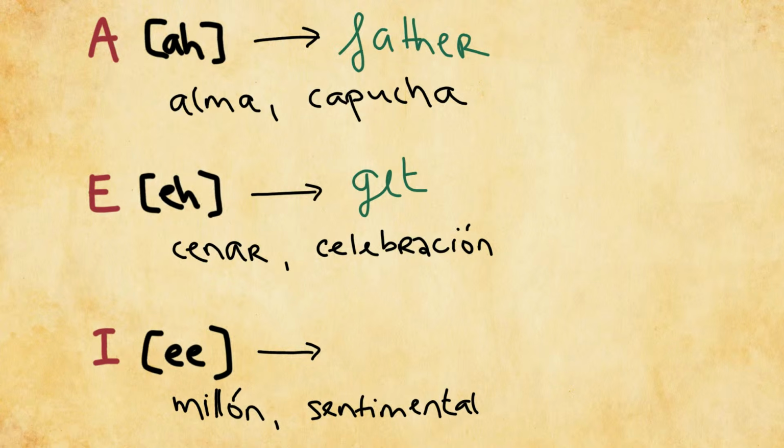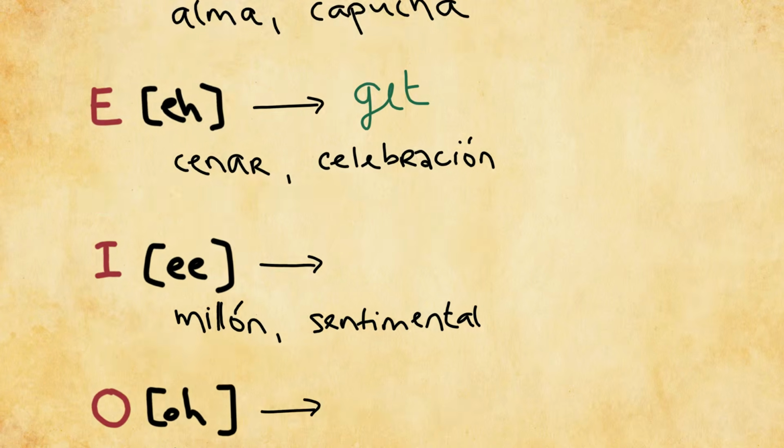Okay, again, you can hear that this E has the same sound as in get. So cenar means to have dinner or to eat dinner. Celebración, as you probably already know yourself, is a celebration. And you'll be seeing many Spanish words that are either the same or very similar to some English words, so some are going to be very easy for you to learn.